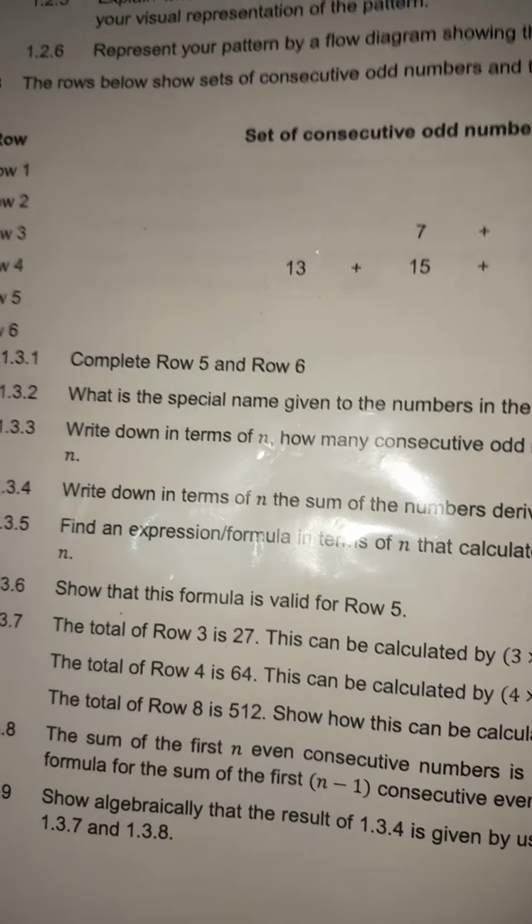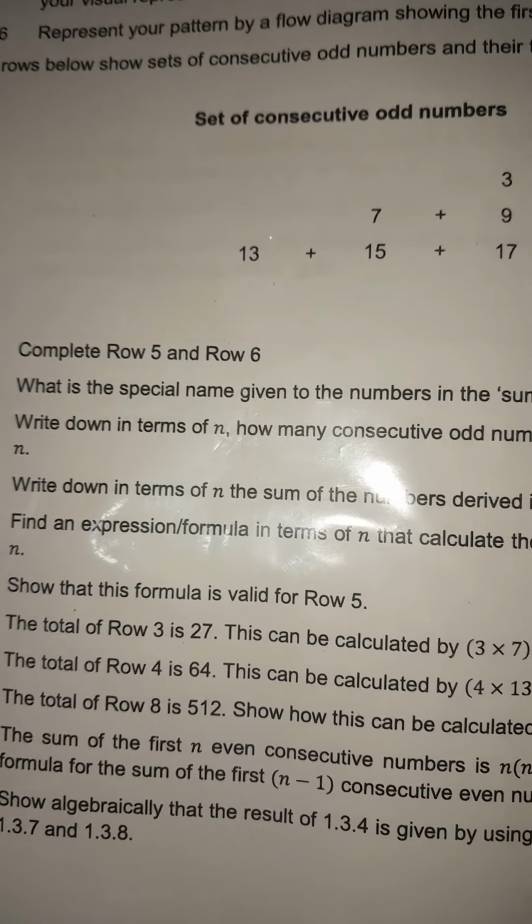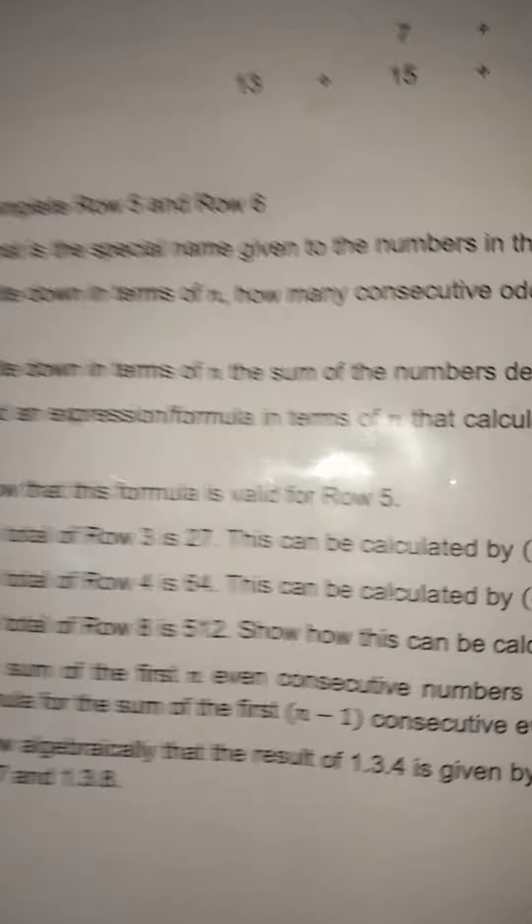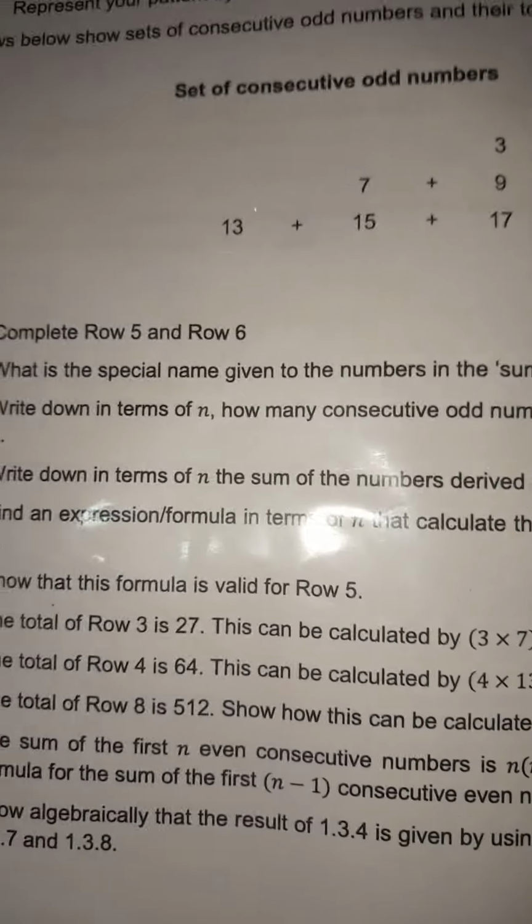So we need to show row 8 now, how they came up with 512. Right, at the total of row 8, remember, that is 1.3.8. At row 8, we should get 512.